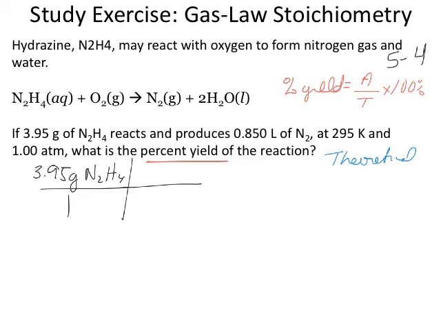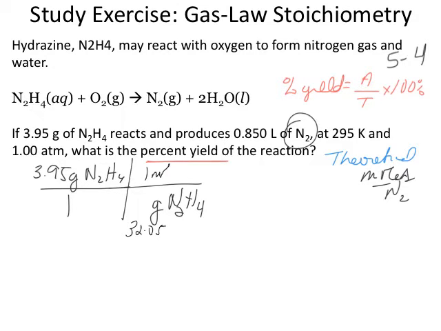So let's get moles. We're going to get this in terms of moles of nitrogen. So we're going to use molar mass N2H4. The molar mass of hydrazine, with 2 nitrogens and 4 hydrogens, is 32.05 grams per 1 mole of hydrazine.